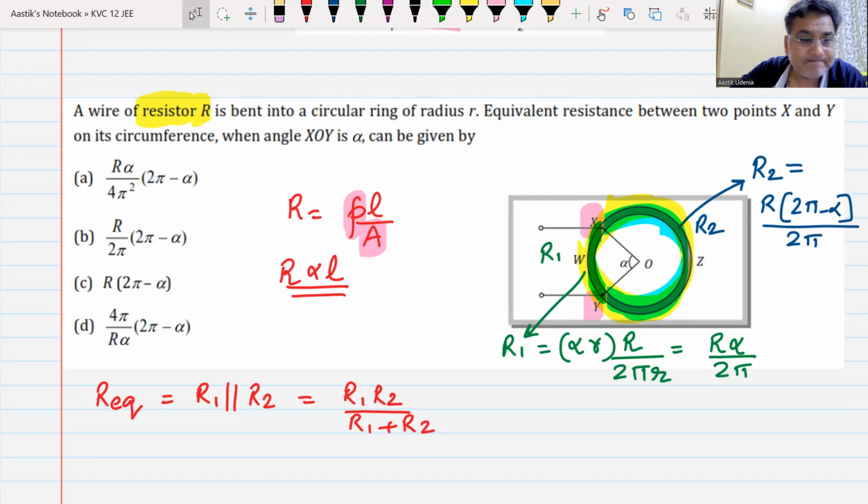Which option is matching? Anyways, once you get this option, yes, option A. Option A is the correct answer.